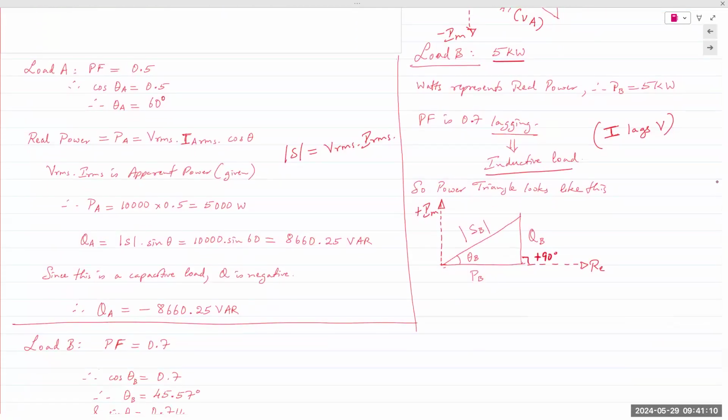We are given magnitude of S, so we can use magnitude of S sine theta to determine the reactive power associated with A. It's a right angle triangle, right? The hypotenuse times sine of the angle gives you the reactive power.